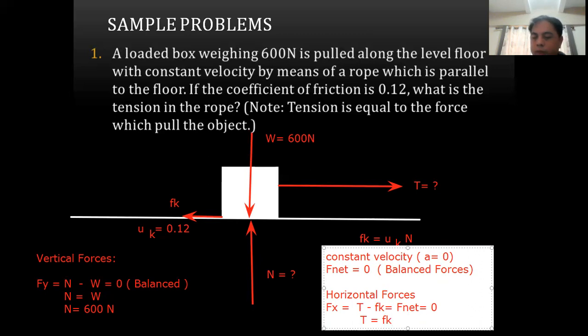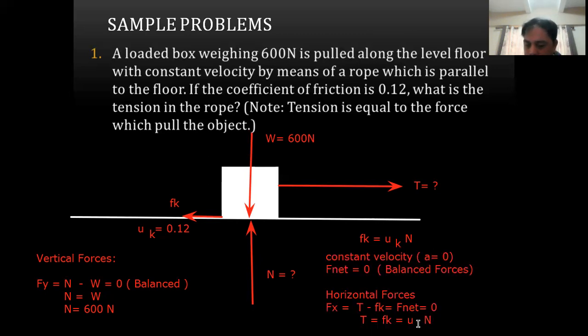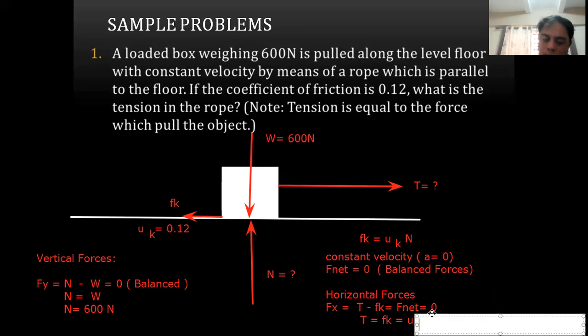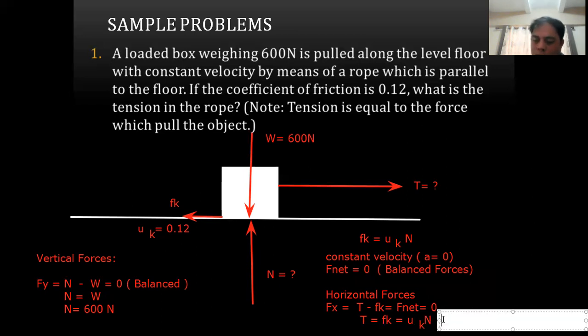To solve for F sub k, we realize that that's mu sub k times N. And we understand that mu sub k is already provided. Mu sub k is equal to 0.12.